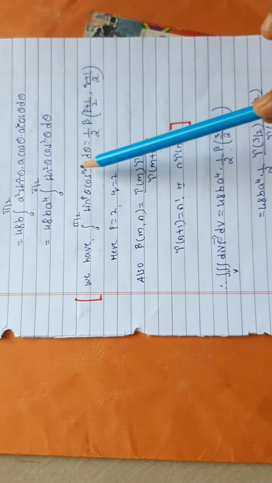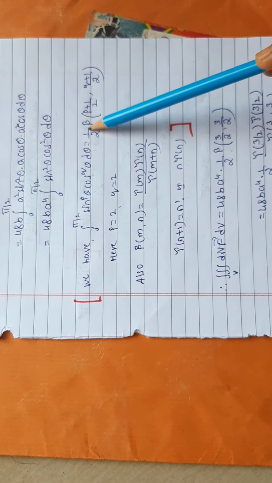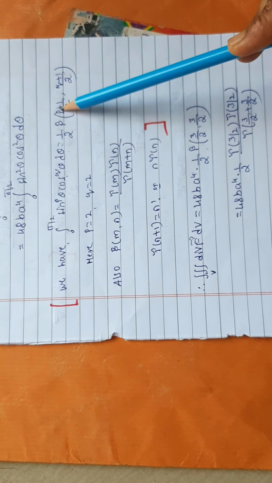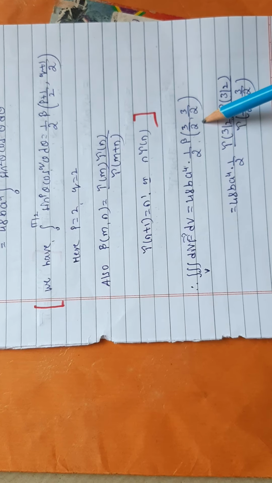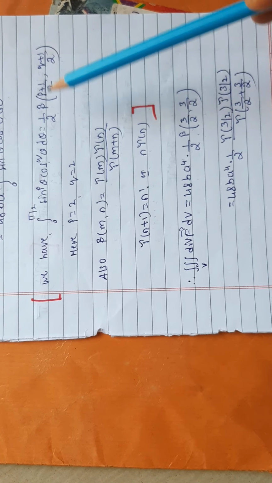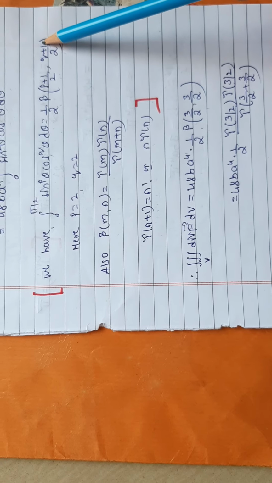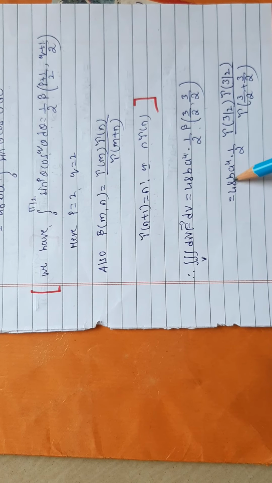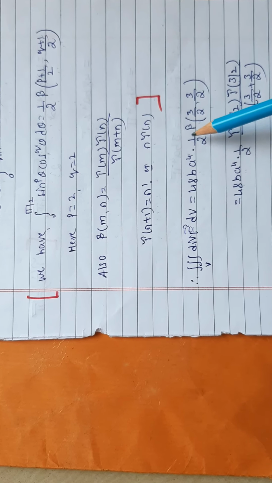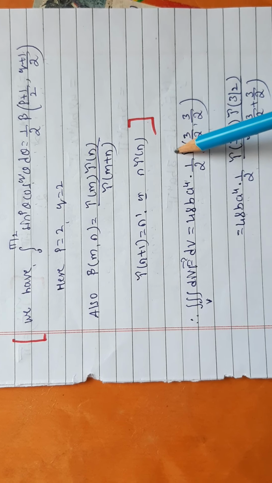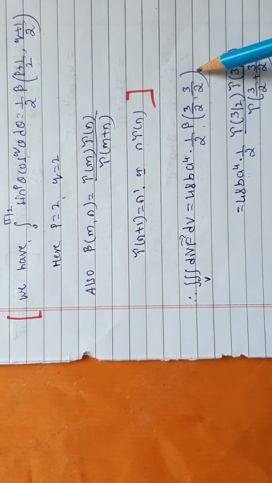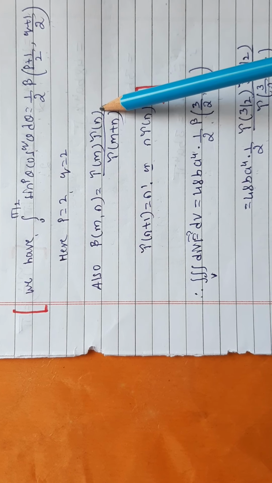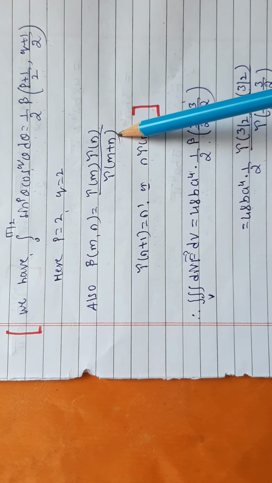and this can be written, applying this integral, as 1 divided by 2 beta of p plus 1 by 2. Here p value is 2, that is 3 divided by 2. q plus 1 divided by 2, q is 2, 2 plus 1 is 3, 3 divided by 2, which is equal to 48b a to the power 4 into 1 by 2. Now apply the relationship between beta and gamma function, that is gamma of m into gamma of n divided by gamma of m plus n.